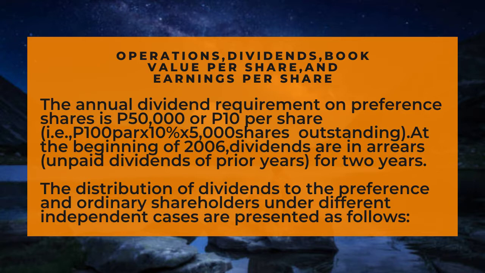The annual dividend requirement on preference shares is 50,000 pesos, or 10 pesos per share, like 100 pesos par times 10% times 5,000 shares outstanding. At the beginning of 2006, dividends are in arrears, unpaid dividends of prior years for 2 years. The distribution of dividends to the preference and ordinary shareholders under different independent cases are presented as follows.